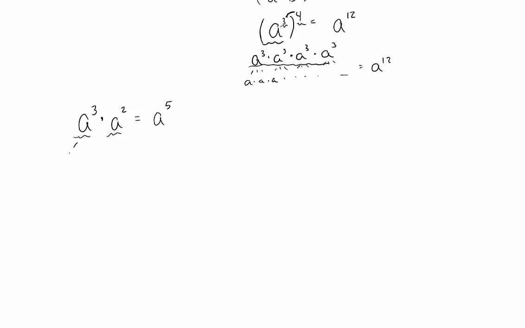As I break this down, this is a times a times a, times a squared, which is a times a. So now I have 5 a's all multiplied, and that's just a to the 5th. So if you're multiplying two things with the same base, with different exponents, or even the same exponents, you add those exponents together. A very simple example of this is x times x. Well, this is x to the 1 and this is x to the 1. I'm adding those exponents together, so this is x squared.